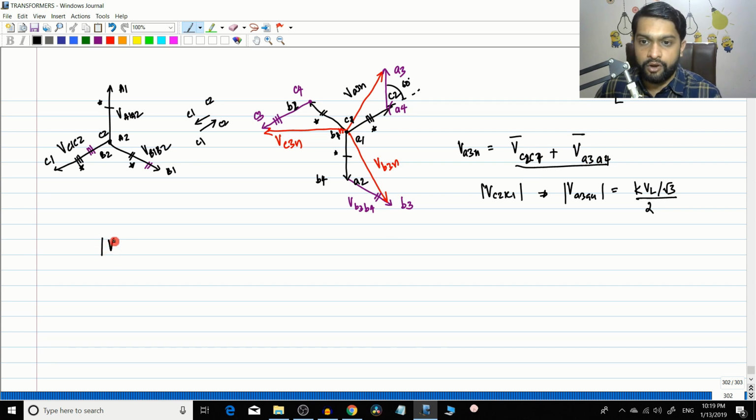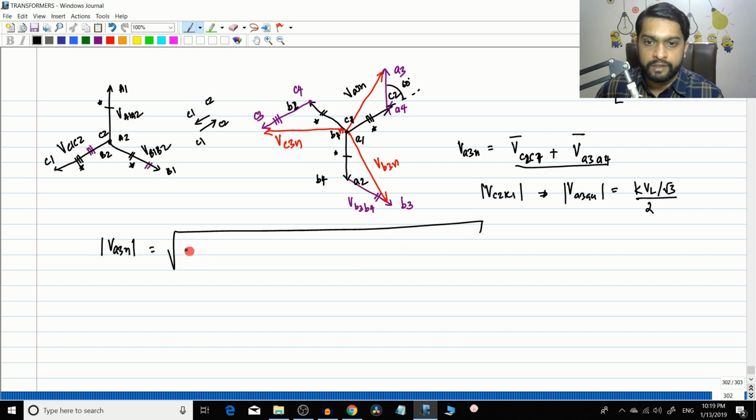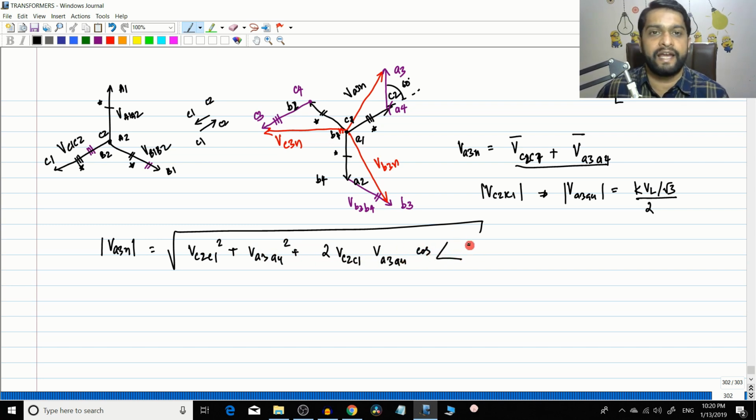So the magnitude of VA3N will be equal to the root of VC2C1 squared plus VA3A4 squared plus 2 into VC2C1 into VA3A4, everything in magnitude, multiplied by the cos of the angle between these two, and that angle is 60 degrees.